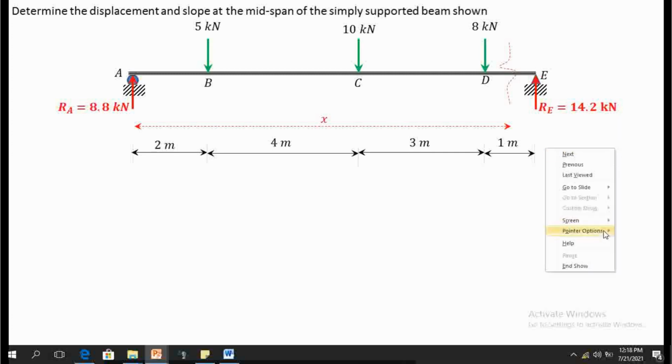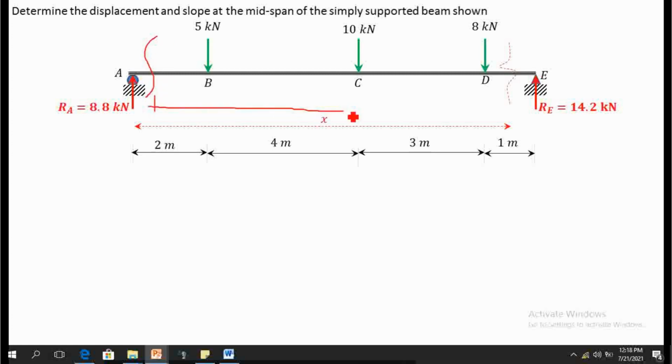Kung gusto nyo naman, pwede rin naman na ang cutting plane nyo dito. But make sure na yung x ninyo ay hanggang kay E. Basta ang tandaan nyo lang, dapat kapag nag-consider na ako ng x, makukuha niya lahat ng mga forces.